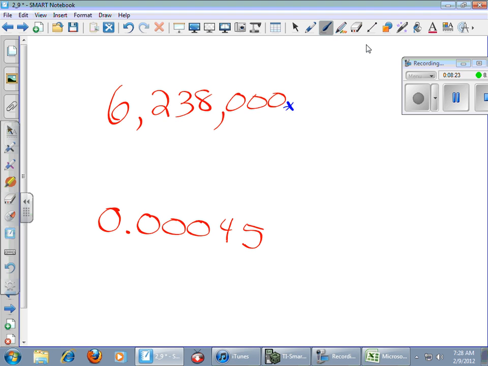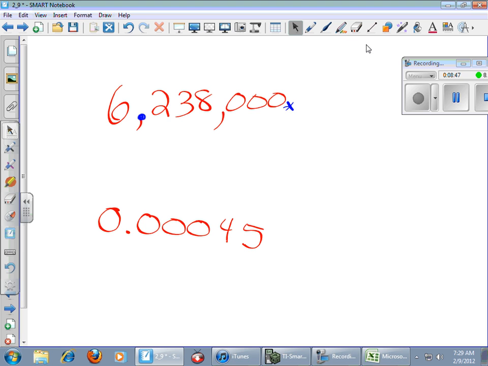I want my decimal point to be right after the first non-zero number. So for example, in the top problem, I might want my decimal point to move between the 6 and the 2. First non-zero number is 6, then the decimal point. I would not put it here because that's after the second non-zero number.